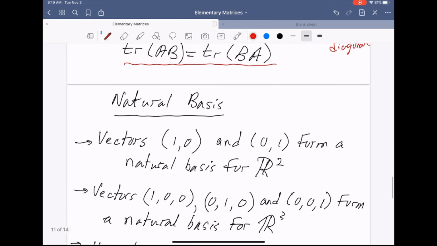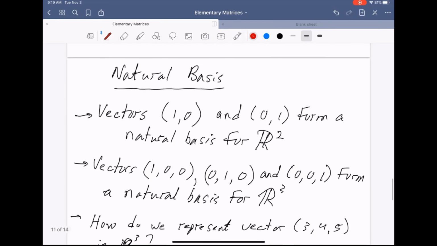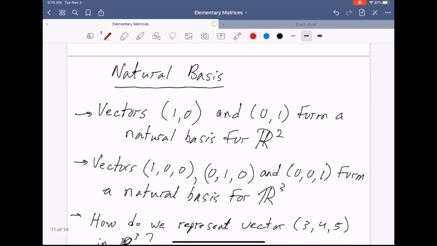All right, finally, for this lecture, we want to consider what's a natural basis. A natural basis is a vector, and we often denote those vectors as E1 would be 1, 0, E2 would be 0, 1. So these are vectors that give the direction in the standard coordinate system.